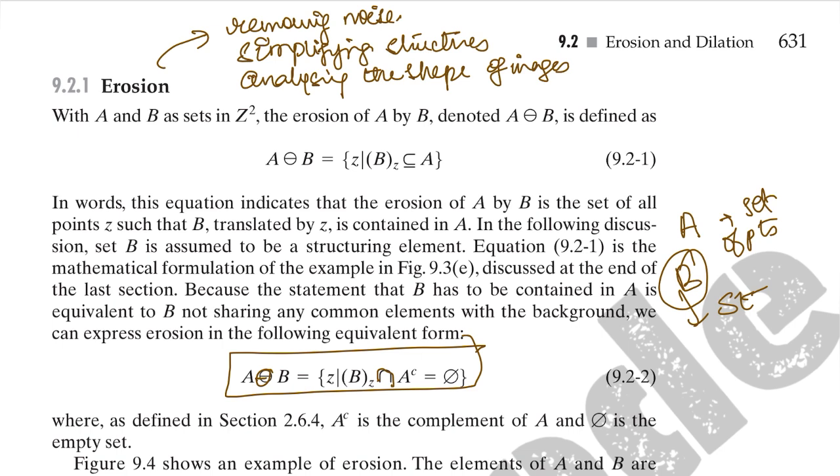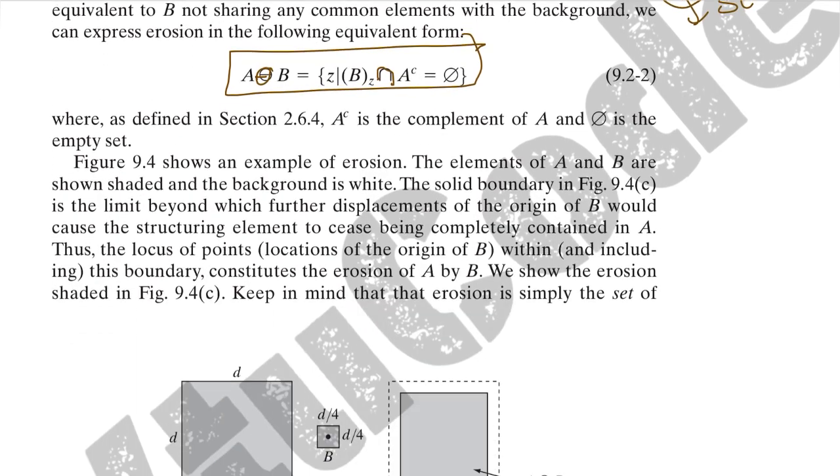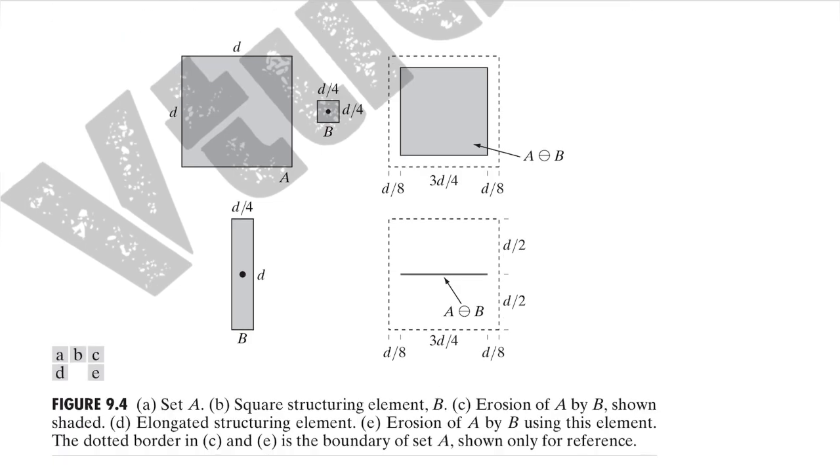In other words, the erosion operation finds all the positions z where the translated structuring element Bz is fully contained within A. This is the diagram for this.